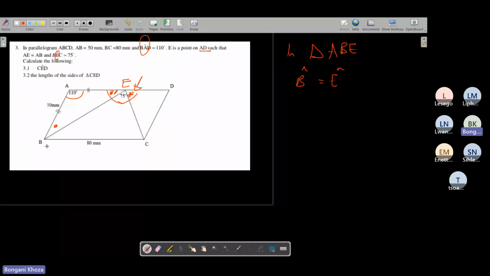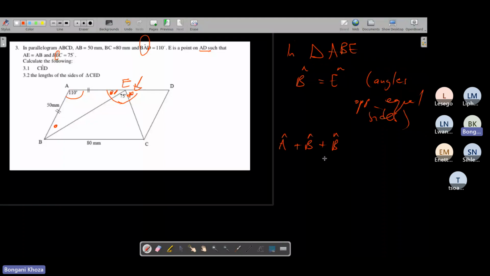The reason for that is angles opposite equal sides. So angles opposite equal sides, we have that scenario, right? And now we can say, if I add angle A plus angle B plus angle E, remember angle B and E are the same, it's equal to 180, and this is the sum of interior angles in a triangle.